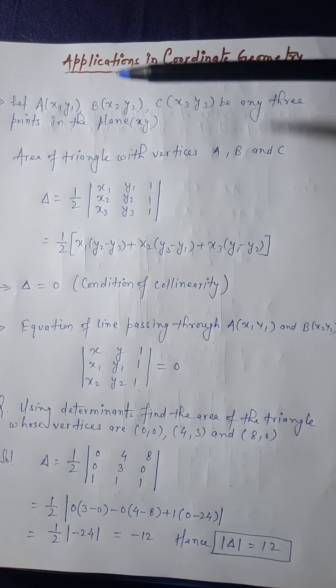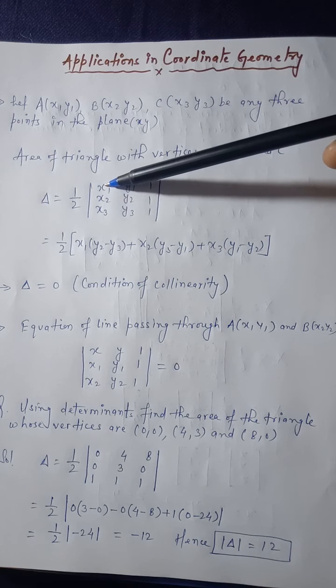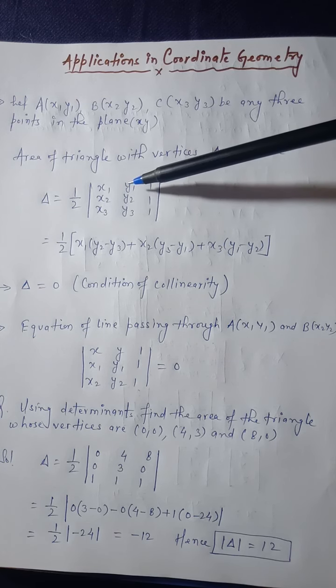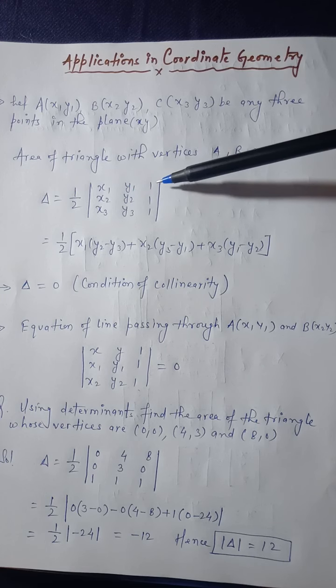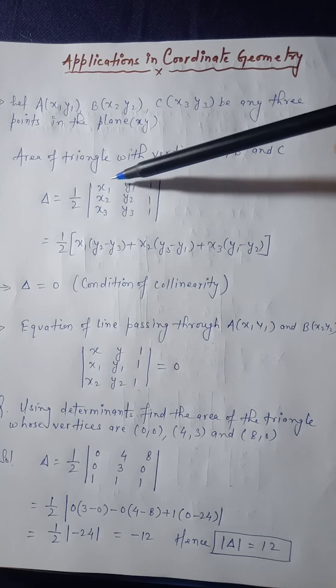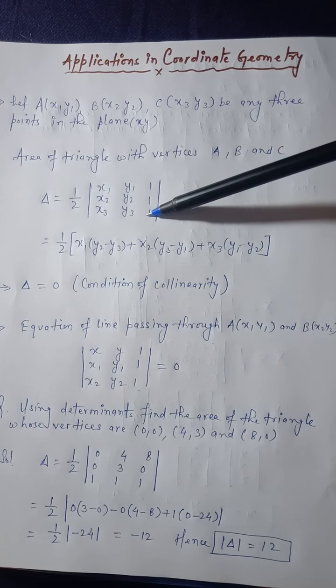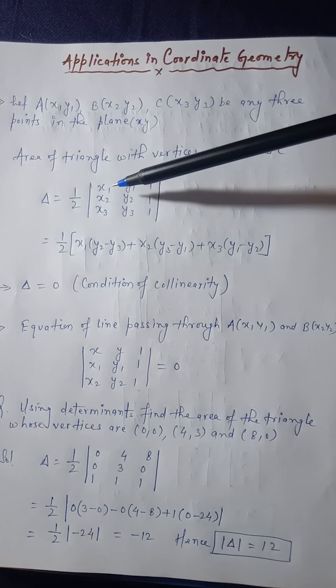All the abscissa you will write in the first column, or you can also write in the first row, and ordinates will be written in the second column, and the third column will always be 1, 1, 1. You can also write it in this way: x1, x2, x3; y1, y2, y3; 1, 1, 1. Now expansion, you already know.